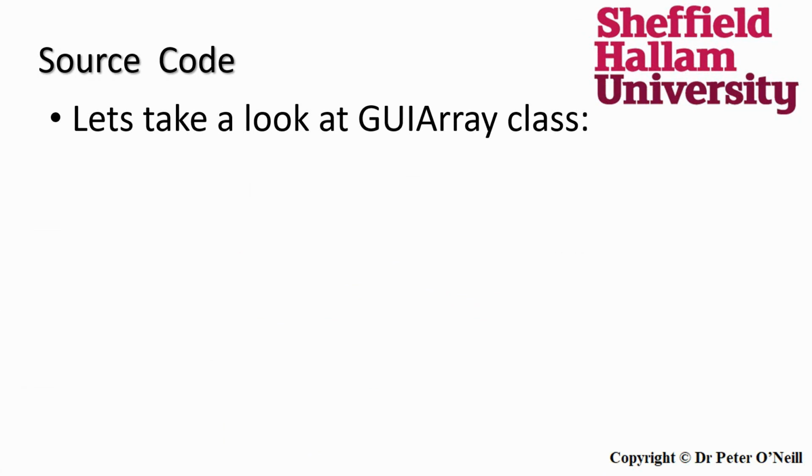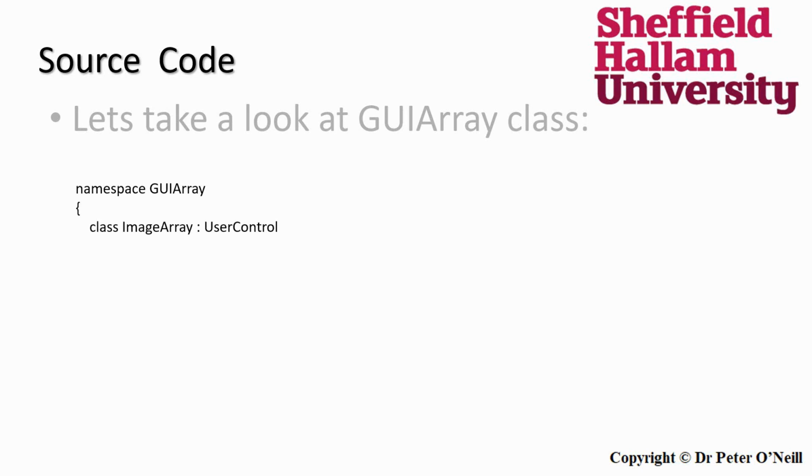So let's have a quick look at the actual array class itself. We've got our GUI image array, then our class array. The image array inherits user controls, which basically enable the computer to watch where the mouse is being clicked and then send that information back to the image array.